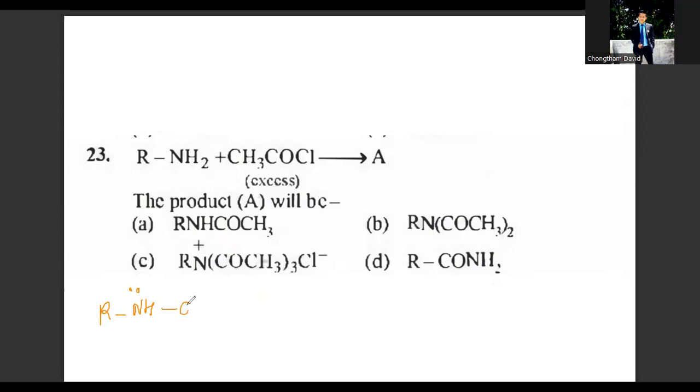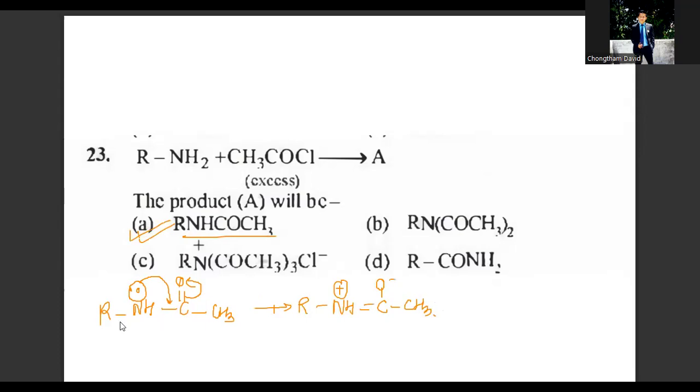This lone pair is localized, so I have to move this double bond to this oxygen because this lone pair attacks on this carbon. And now I'm going to obtain a salt. Double bond comes here, oxygen minus, then CH3. So basically the product A will be amide. I hope this is clear.